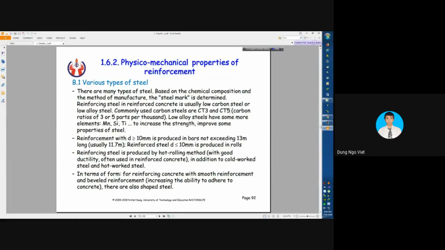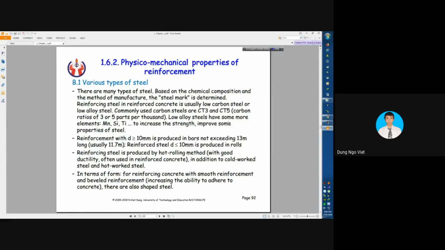Reinforcement with a diameter bigger than or equal to 10 millimeters is produced in bars not exceeding 13 meters in length. Usually, the length of a steel bar is only 11.7 meters. Reinforcing steel with a diameter smaller than 10 millimeters is produced in rolls.